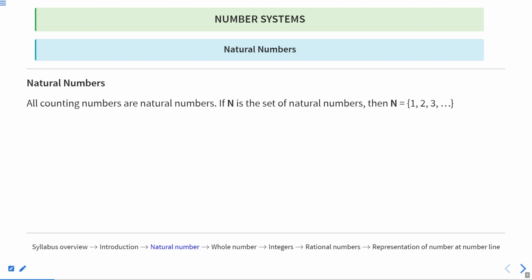The first type of number is natural numbers. What are natural numbers?